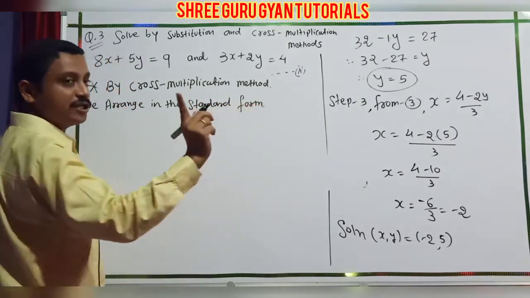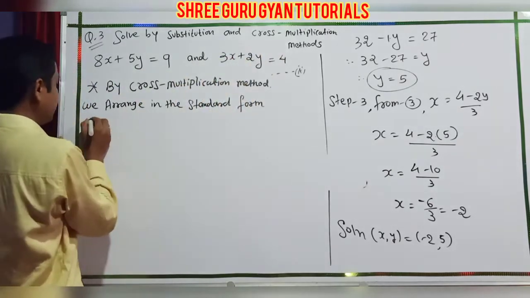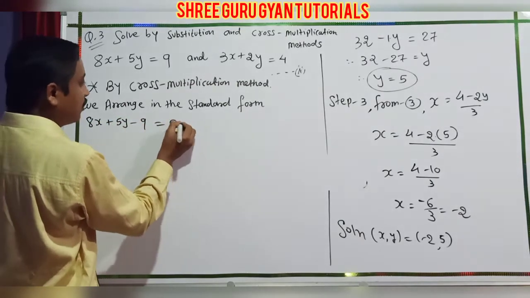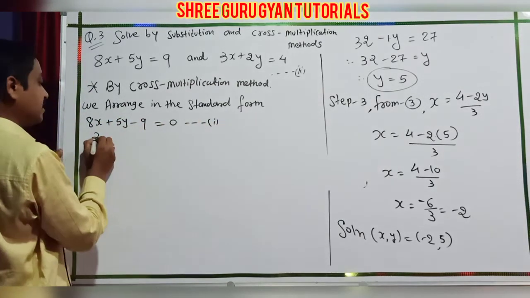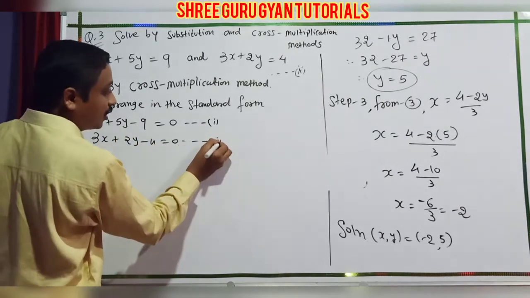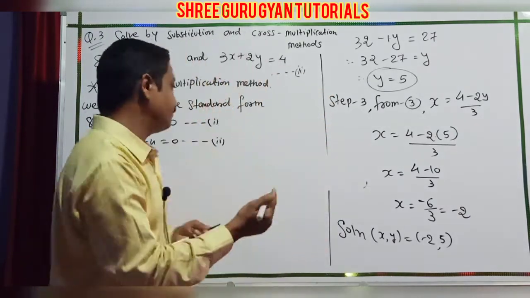Compulsory, students, you arrange in standard form, because 9 and 4 are taken to the left side, then you start our cross multiplication method. Without arranging, you can't apply the method. So 3x plus 2y minus 4. Now I start.